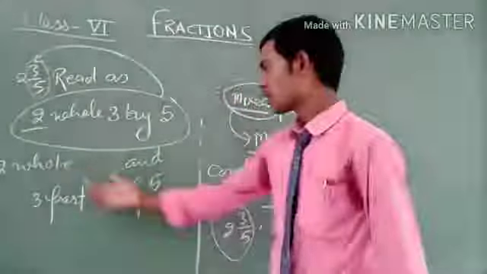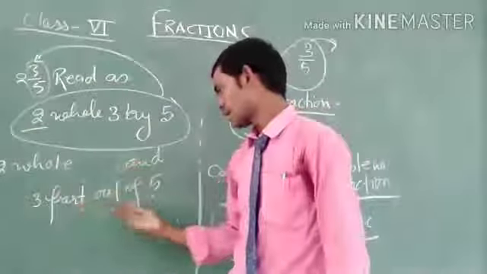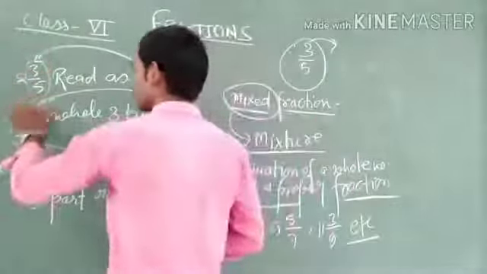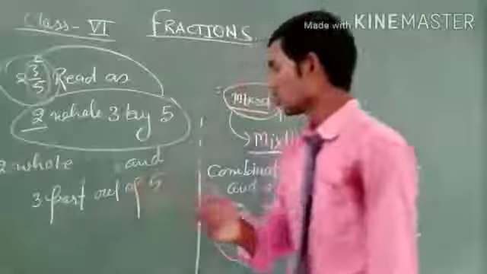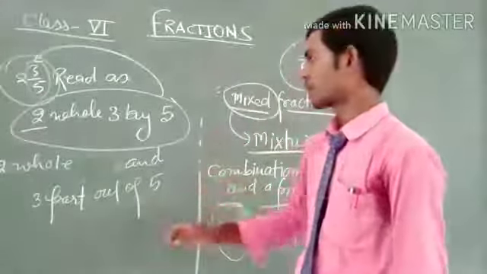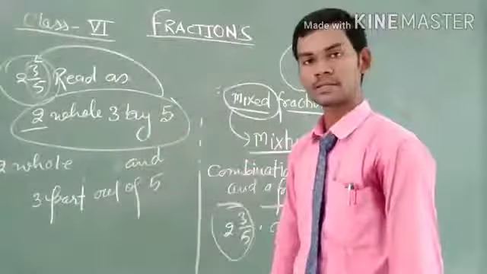This is the meaning. So the meaning of the fraction 2 whole 3 upon 5 is 2 whole and 3 parts out of 5, and this is the complete meaning of the mixed fraction.